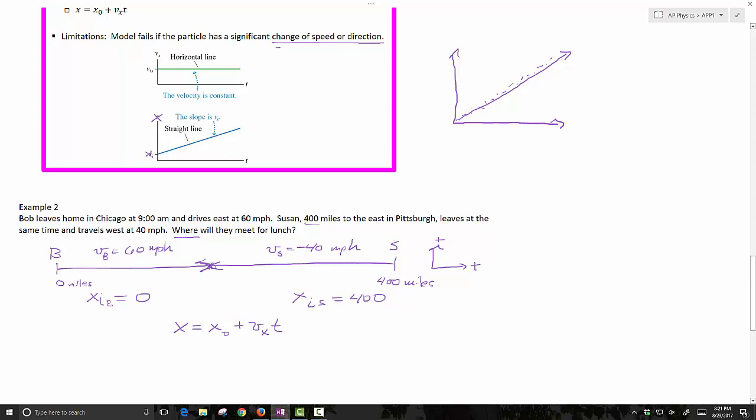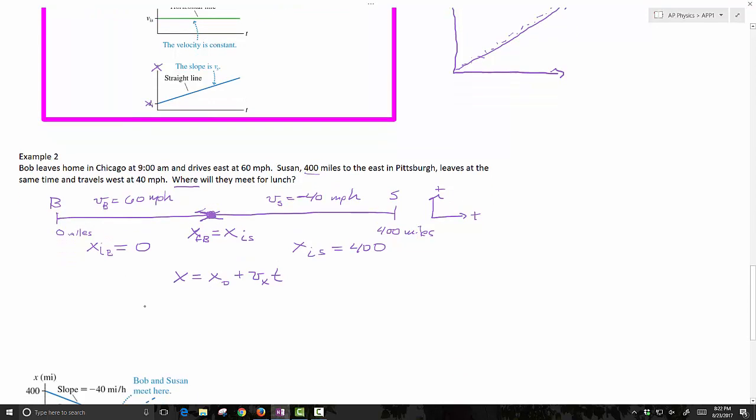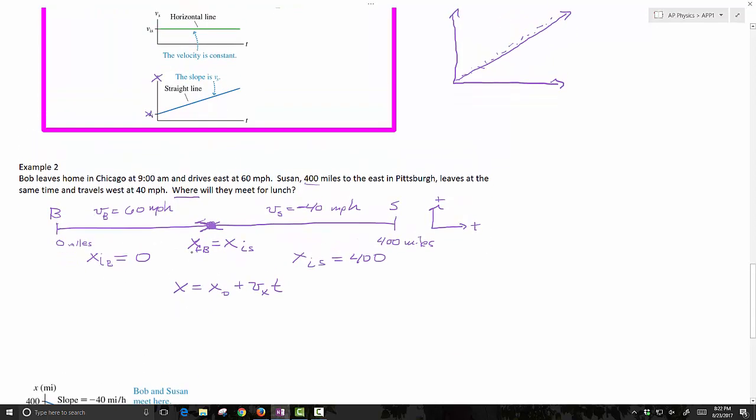When they get to this point, can't we say that Bob's final position is the same as Susan's final position? Sure we can. So let's go ahead and do that. So we'll say that, let me scroll down a little bit. I'm running out of room. Bob's final position is equal to Susan's final position.